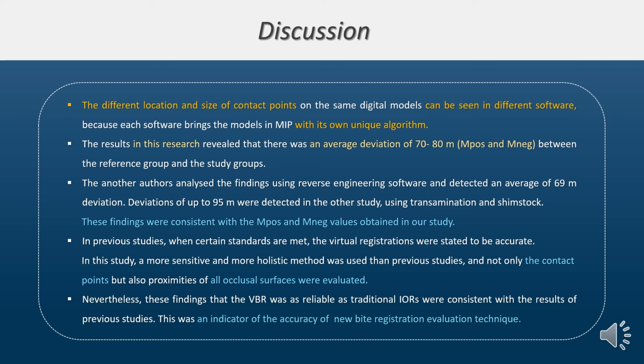Not only the contact points, but also proximities or occlusal surfaces were evaluated. However, the finding that the VBR was as reliable as traditional IORs was consistent with the results of previous studies. This was an indicator of the accuracy of the new bite registration evaluation technique.